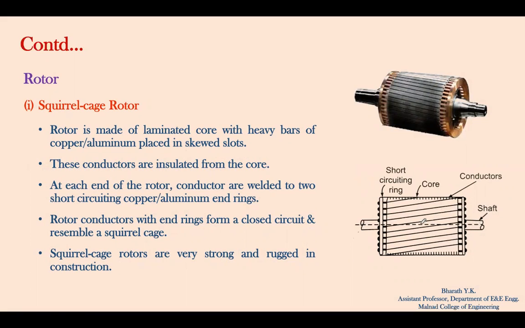The conductors are heavy bars of copper or aluminum, which are placed in these slots, and they are insulated from the core. At each end of the rotor, the conductors are welded into two short-circuiting copper or aluminum end rings. The rotor conductors with end rings form a closed circuit which resembles a squirrel cage. That's why the name.